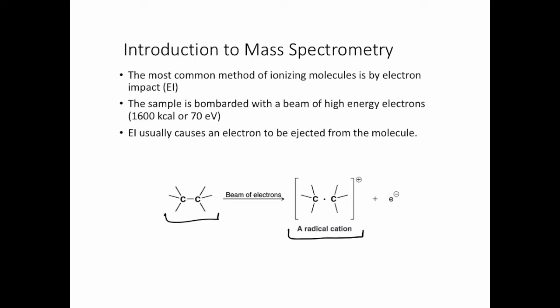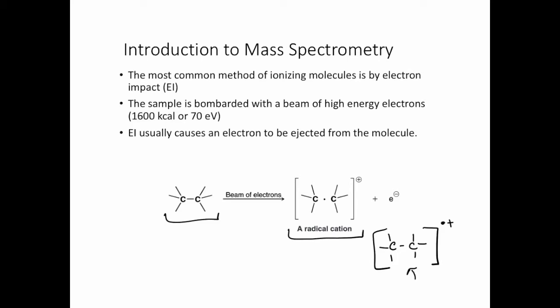Now these can be tricky to draw because they defy our common understanding up to this point of what Lewis structures look like. You can draw it like I've shown here, but sometimes it's also drawn like the typical structure with the brackets and a dot plus on the outside indicating it's a radical cation.